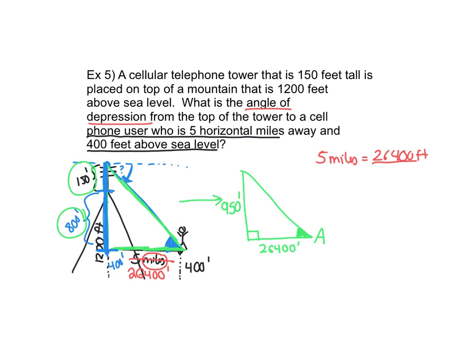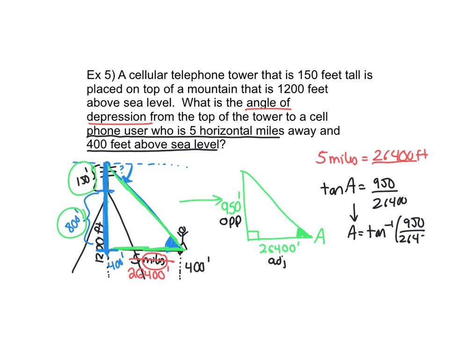So the 950 is opposite of angle A, and this is adjacent to angle A. My tangent function compares opposite and adjacent. So tangent of A equals the opposite over the adjacent. To solve for the missing angle, I will do the inverse tangent of 950 over 26,400.